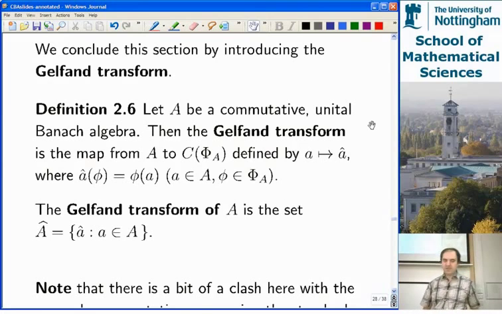So this Gelfand transform is, as I said, the old A hat restricted to the character space. As I said, the Gelfand transform is used for various different things.